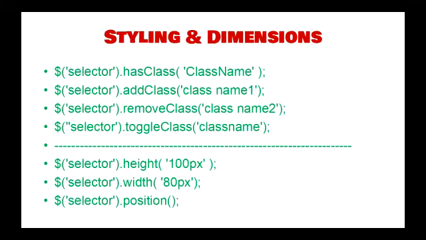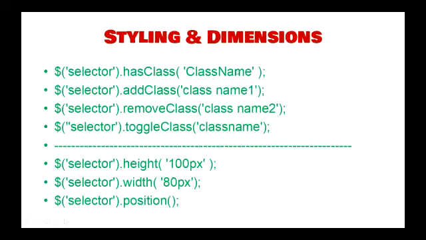Okay, styling and dimension. Selector, select something. Is there any class in it? If the element has a class, this hasClass method will give a Boolean value. We have to mention what the class would be.